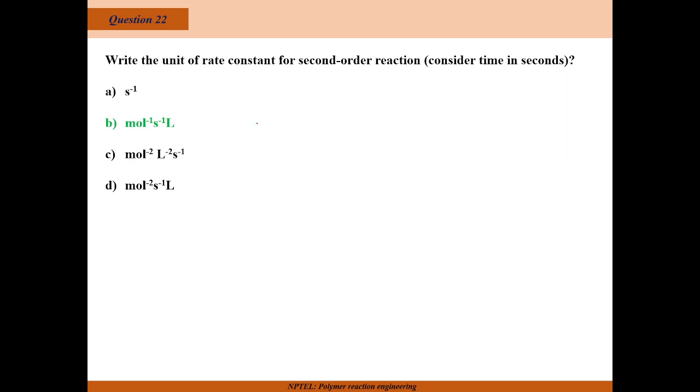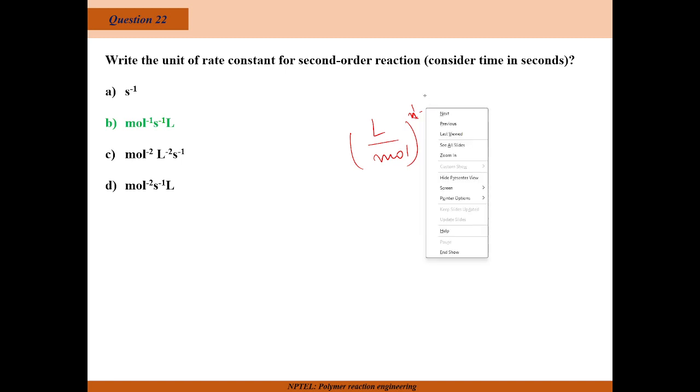The general form can be written as 1 by mole into second inverse to the power n minus 1. Yes, this is the general form for an nth order reaction.